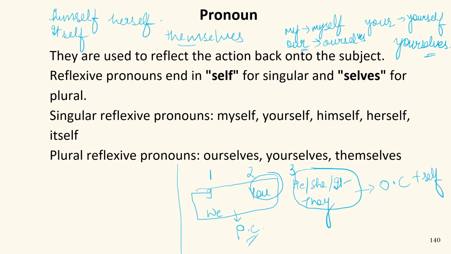Now, where are these reflexive pronouns used? Let's discuss this in another session, because that is a wide part and it is not suitable to learn it in this session.